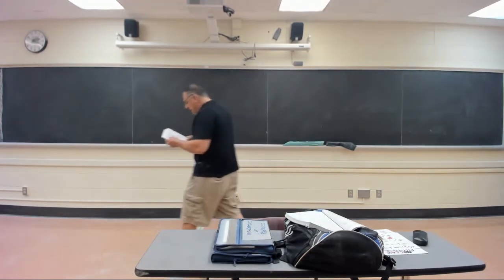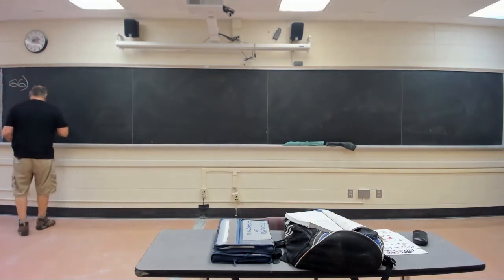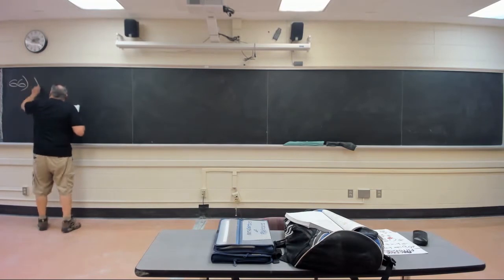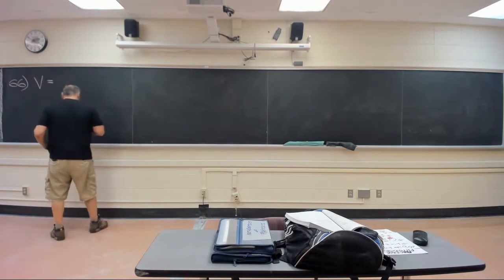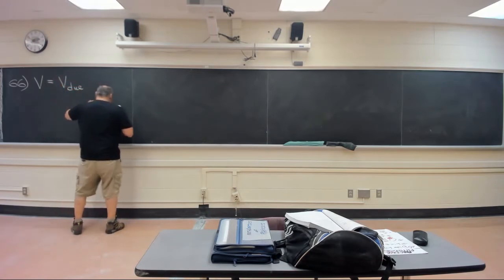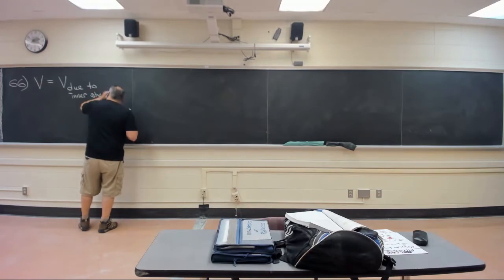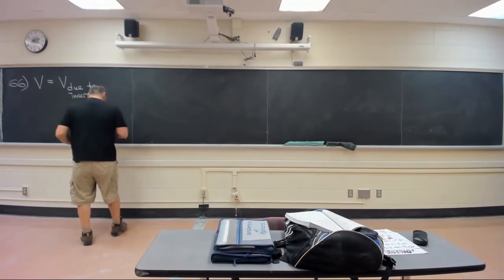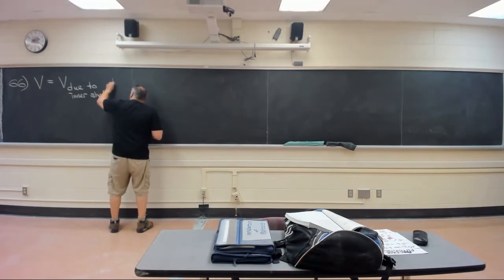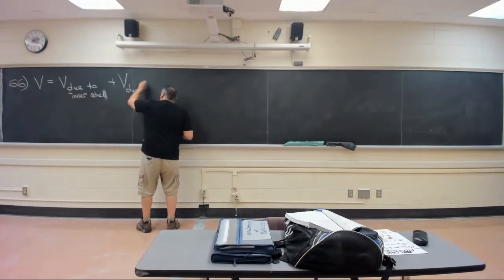So kind of the argument they're giving here is V due to the inner shell. So you say the total potential is V due to the inner shell, and the other one's V due to the outer shell.